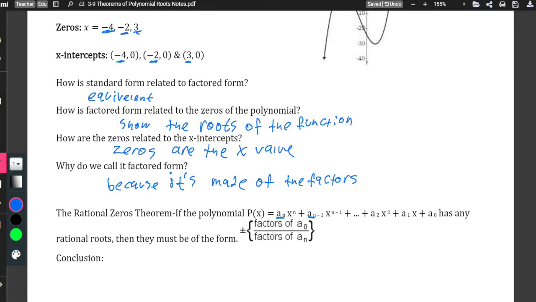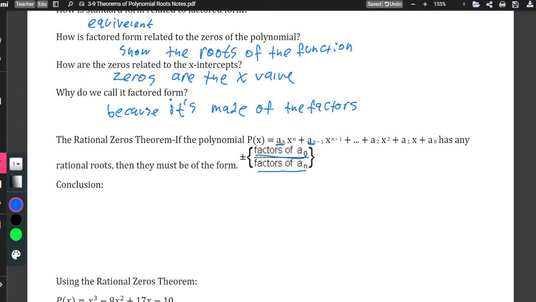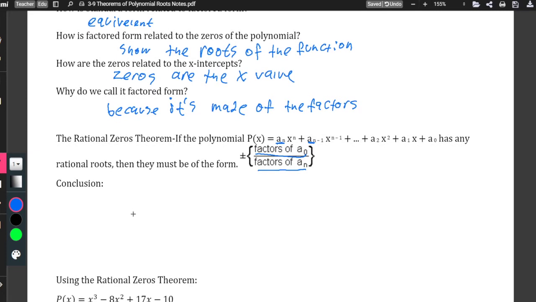So if the polynomial has rational roots, then they must be in the form of the factors of a to the 0 divided by the factors of a to the n. What this is saying, and our conclusion we can draw, is the factors have to be rational roots.